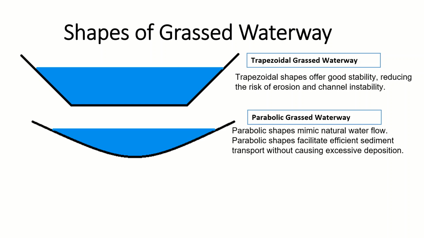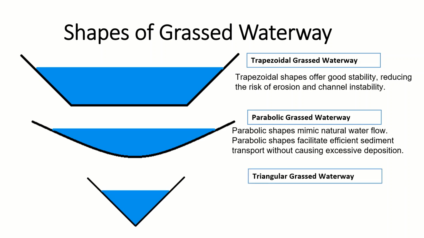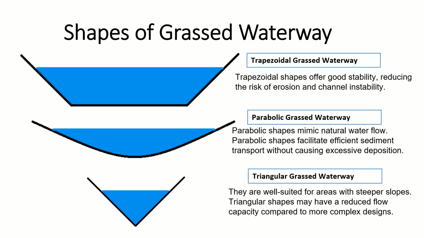It facilitates efficient sediment transport without causing any excessive deposition. And then there is triangular grass waterway, which is suitable for steeper slopes. The capacity is little less than the other shapes, but it is suitable for steeper slopes. So it may have reduced flow capacity compared to more complex designs.